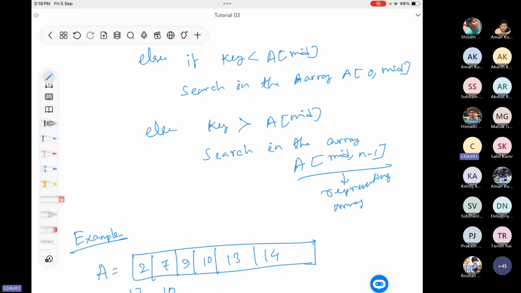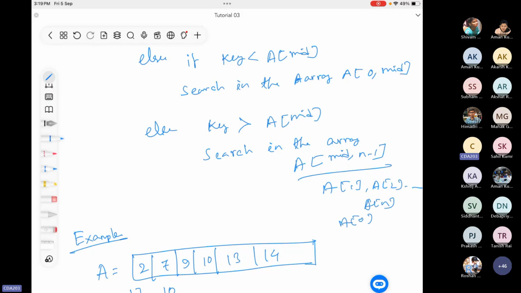So look here, whether it is n or n-1 depends on how you define the array. If your array starts with 1, so you have a1, a2, then you will continue up to an.